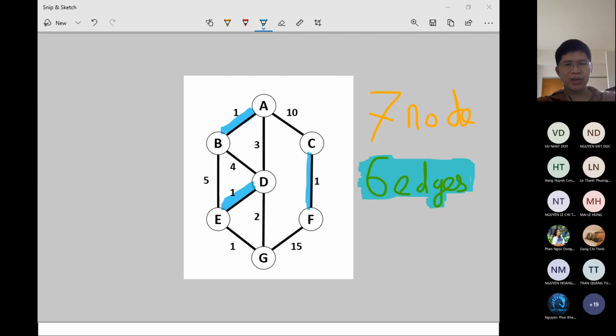There is a difference between the one of Minh and the one of Thành. I check. Thành, why you... So the others, you have the solution, and why you take the edge from G to F?